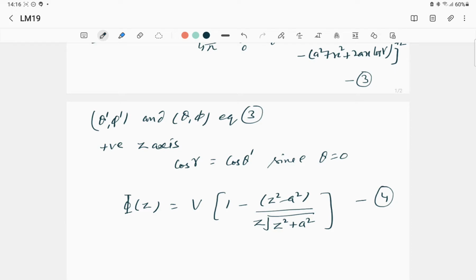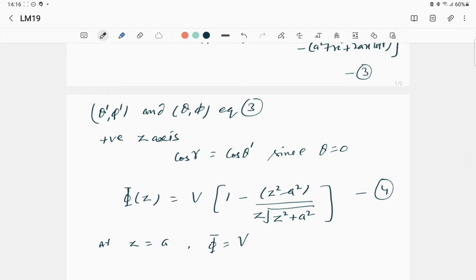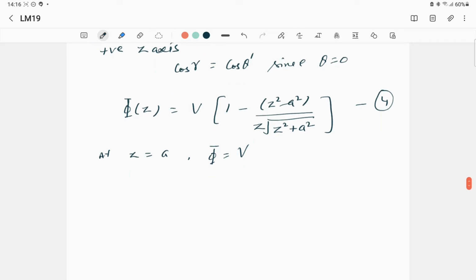Now at z equal to a, this reduces to phi equal to V, as is required. However, for large distances, it asymptotically goes to approximately phi equals 3Va square over twice z square.